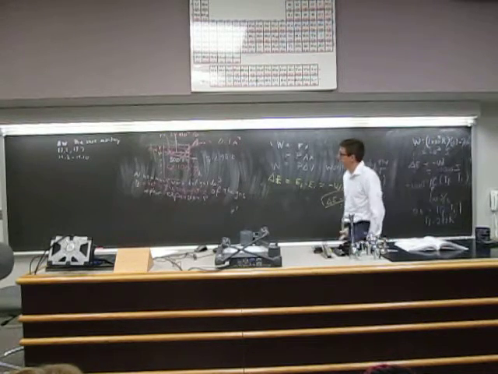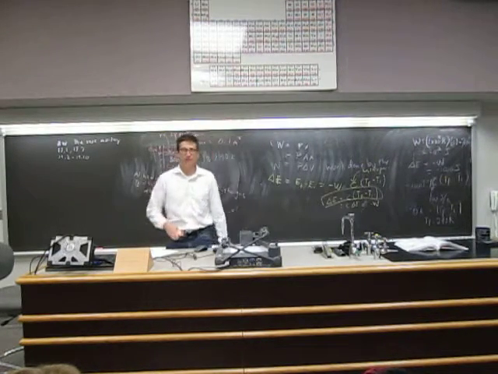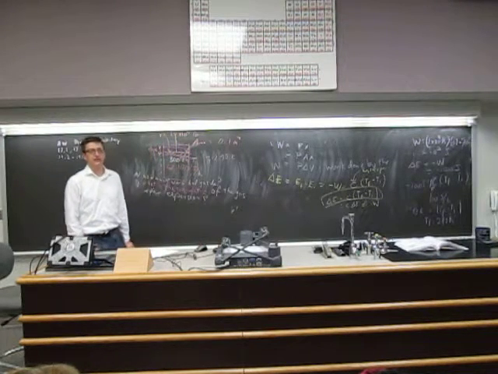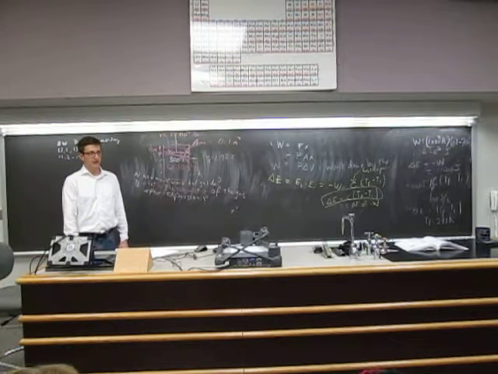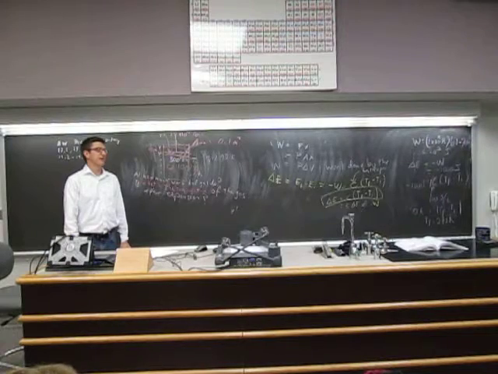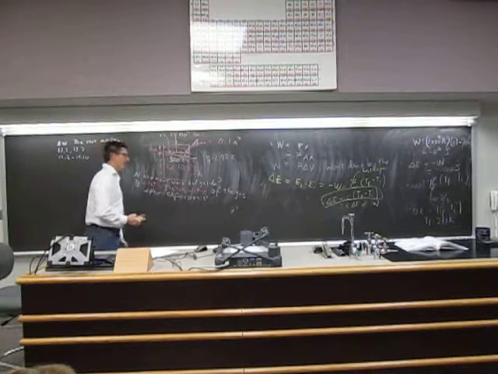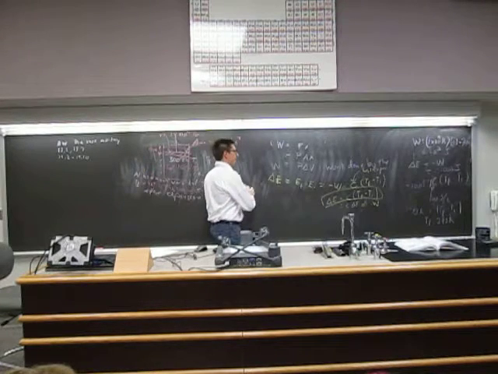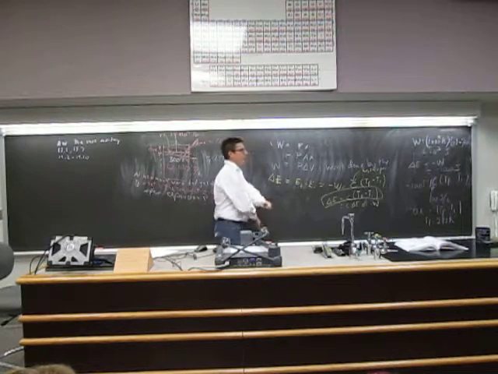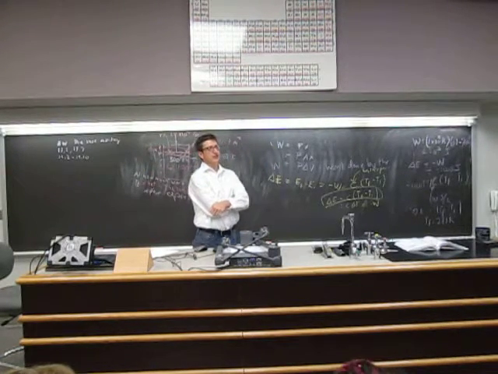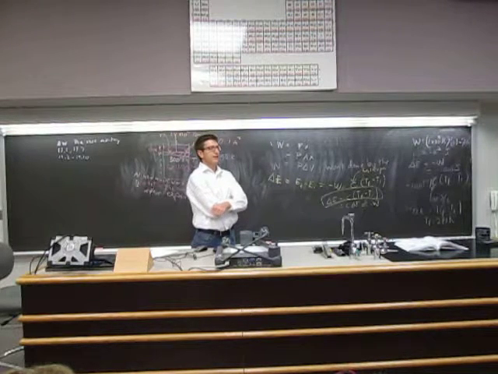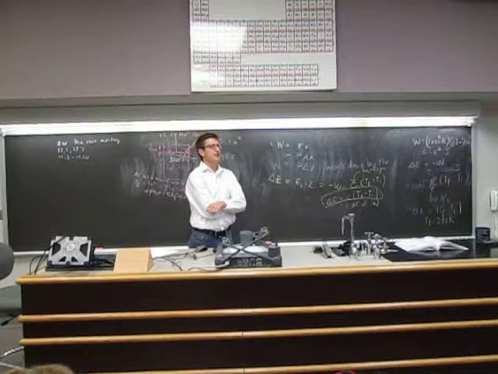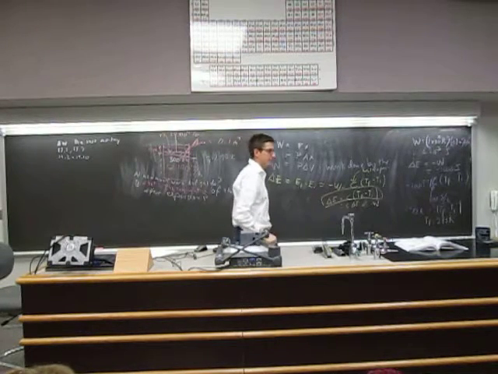Now, this would all be wonderful if everything were nice and insulated. But in reality, that's not the case. And in fact, maybe we don't always want it to be the case. There is another way for the energy of the gas to change. And this is for heat to flow from the gas or to the gas.